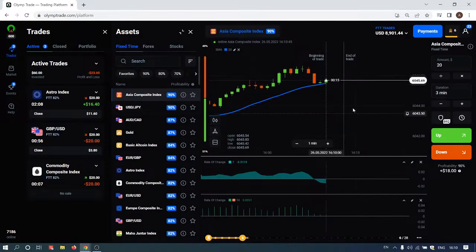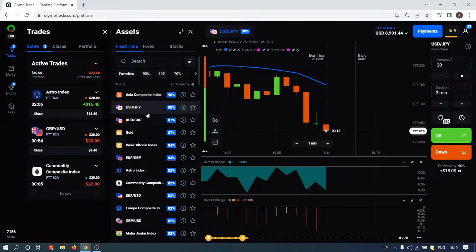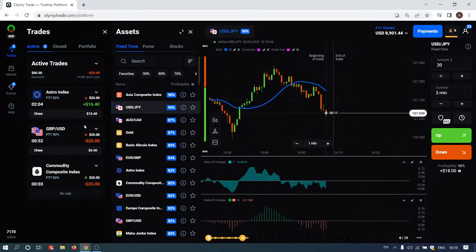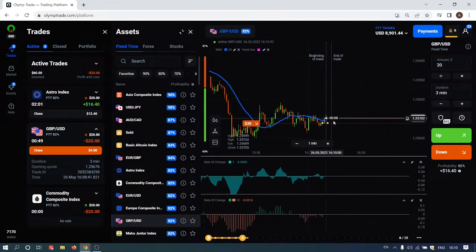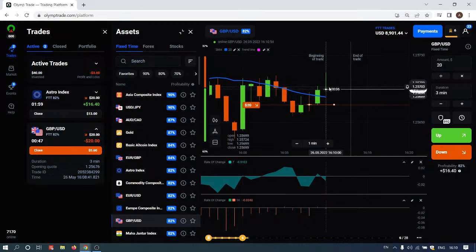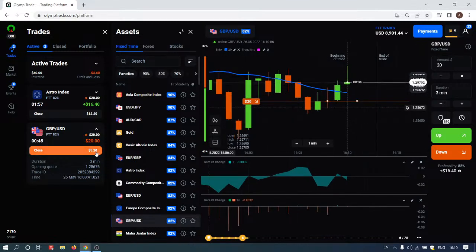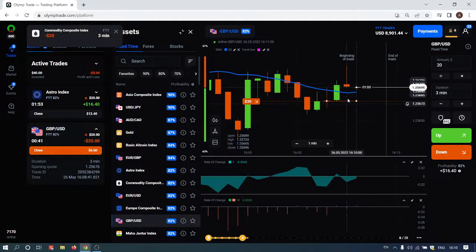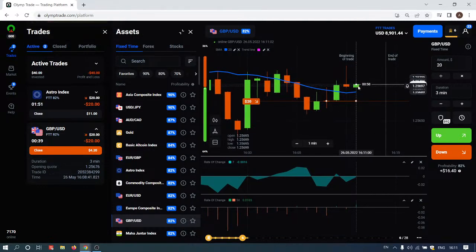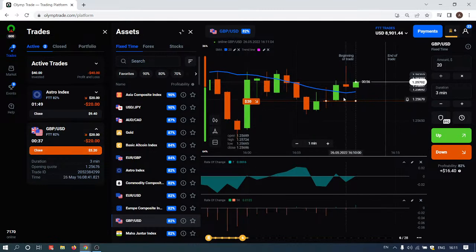GBP USD. Do I want to cancel this trade? I don't know. I mean, no, I'd rather keep it. I can get back like 25% of this trade, but, well, I don't know.